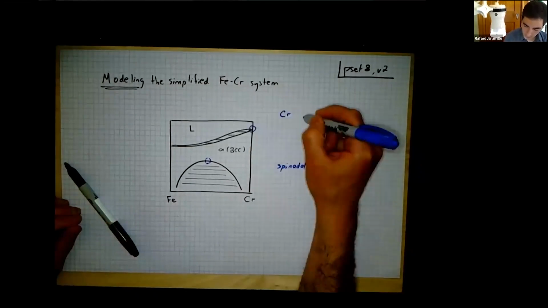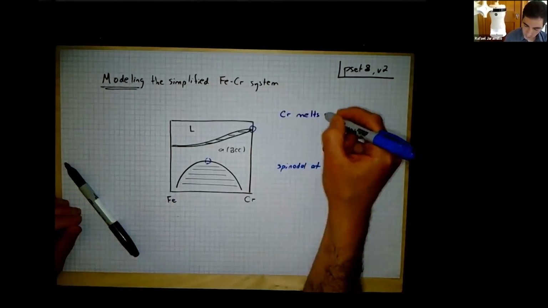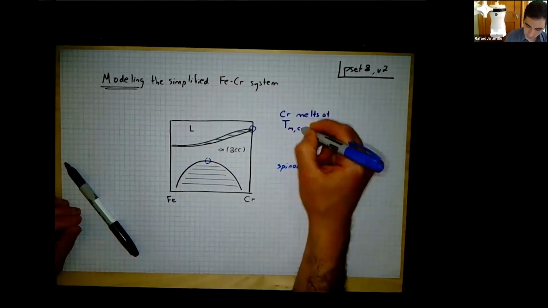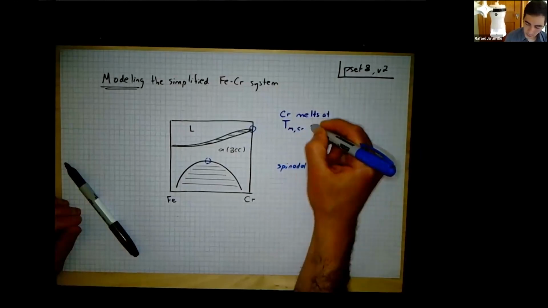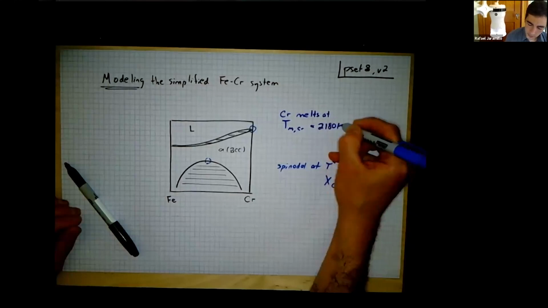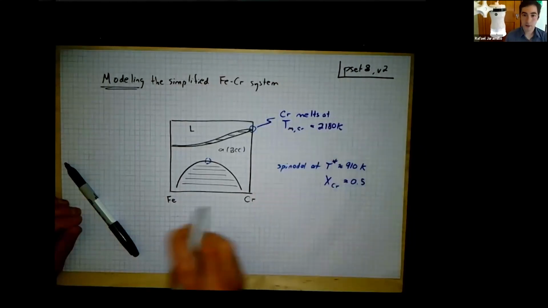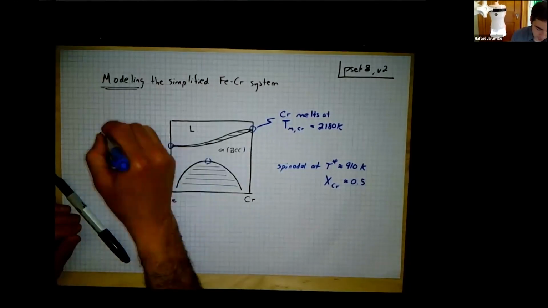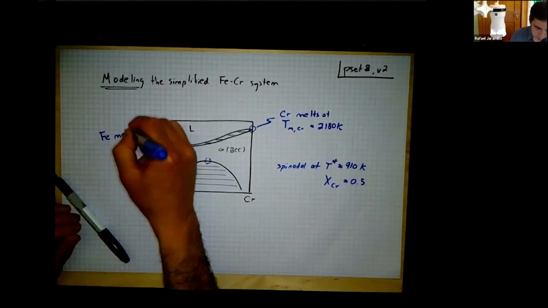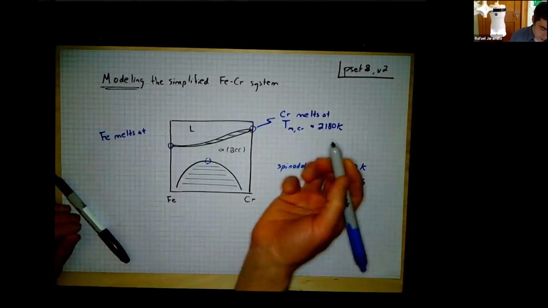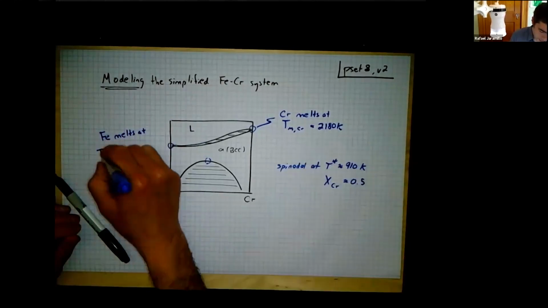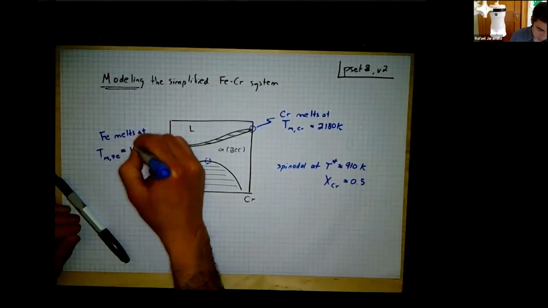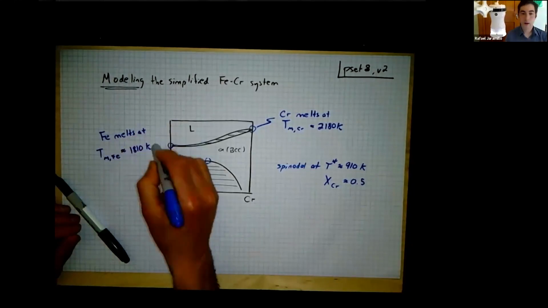Chromium melts at T melt of chromium equals 2180 Kelvin. It's the melting point of chromium, and iron melts at T melt iron around 1810 Kelvin. So that's what we hope to see.